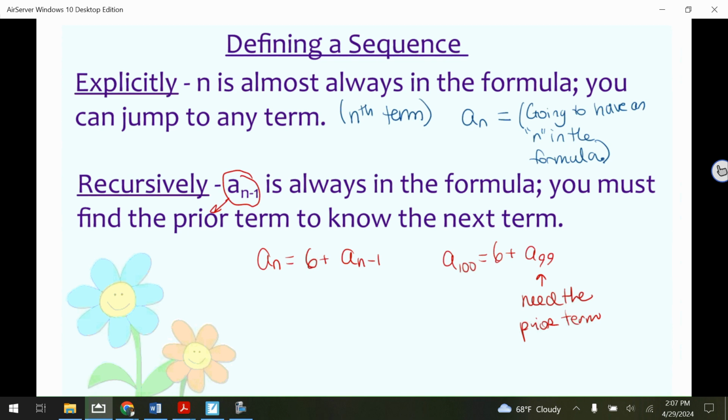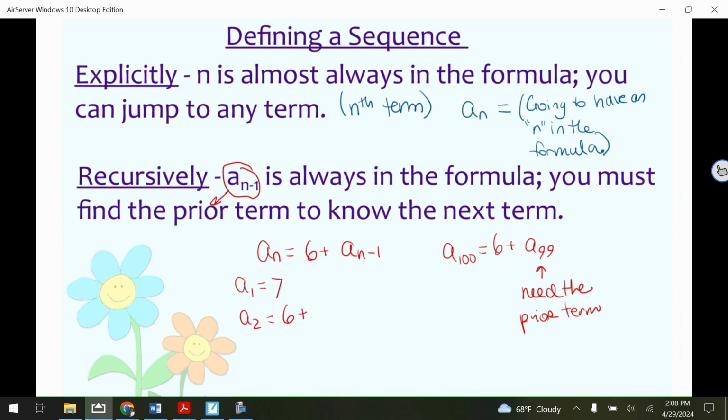So if I gave you this sequence, I'd have to tell you, let's say the first term is, for example, 7. And then to generate terms of the sequence, to find A2, I would say, okay, A2 equals 6 plus A1. So that's going to be 6 plus 7, which is 13. Okay, so it uses the prior term in the formula.